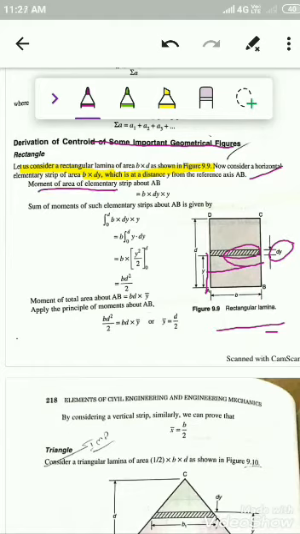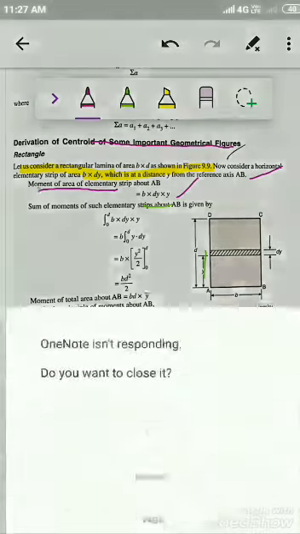You know that moment is nothing but force into perpendicular distance, but here you are considering the moment of an area. The area of the elementary strip is B into dy, and it is situated at a distance of y from AB. So it is area into perpendicular distance y, therefore B y into dy is the moment of the elementary strip about the AB axis.